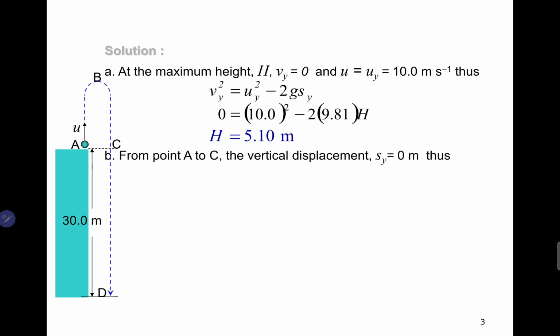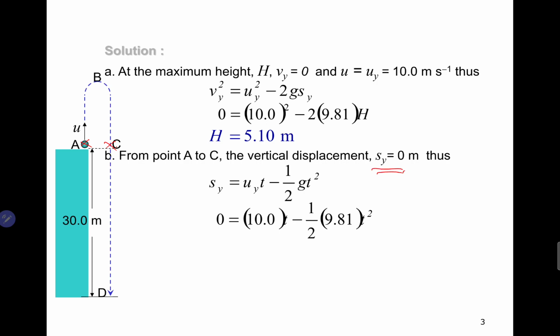And then from point A to C, in this method they straight away refer from point A to C. From A to C, the displacement will be 0. Displacement 0, initial still 10, G constant.